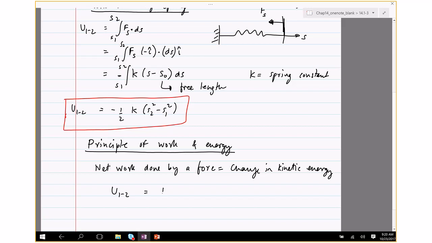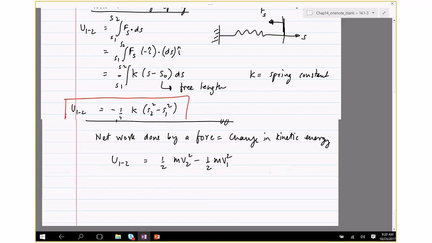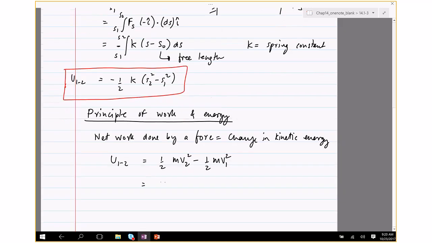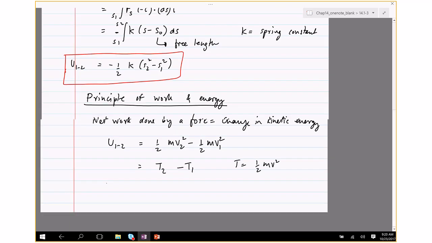Okay, so we'll use the notation T to denote the kinetic energy. So it's T2 minus T1, where T is half mv square. So the other way to write this down is T1 equals T2 plus U12.